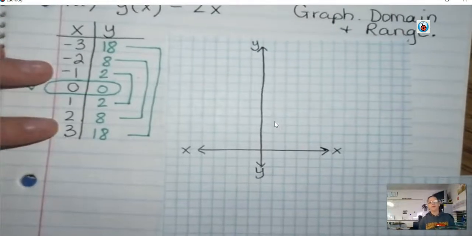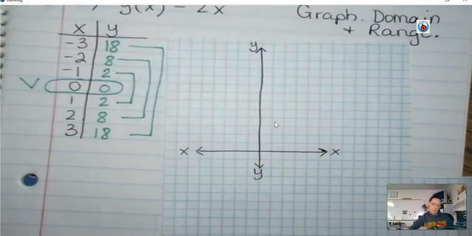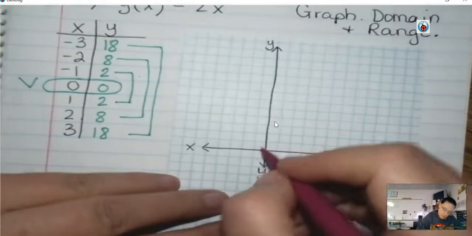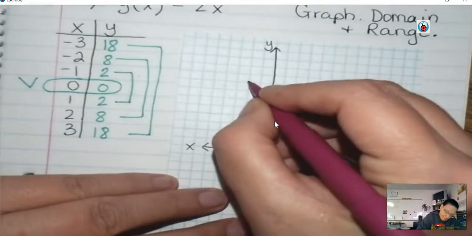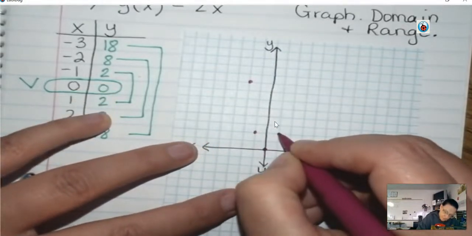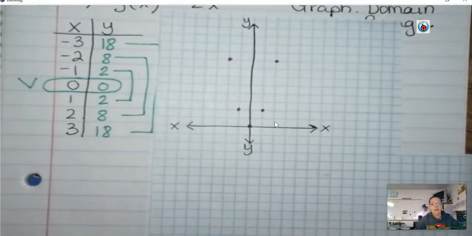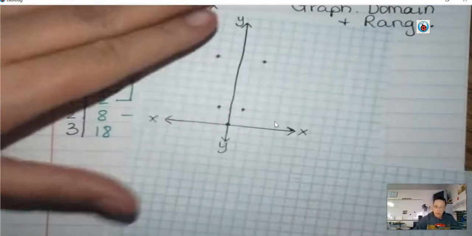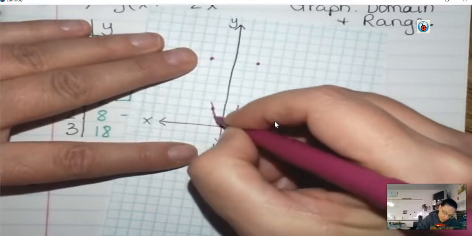And then plot those points. I could leave off the 18 one. That's just going to be gigantic. When you go to connect the dots, you're not using a straight edge. Don't make straight lines. It is a curve. The parabola is a curve. So as best you can, connect it with a nice curve.